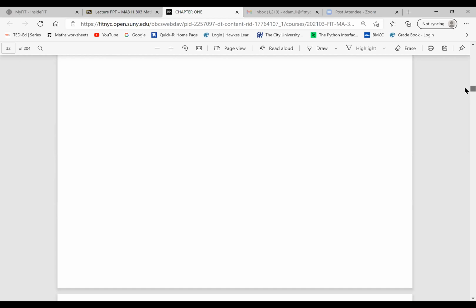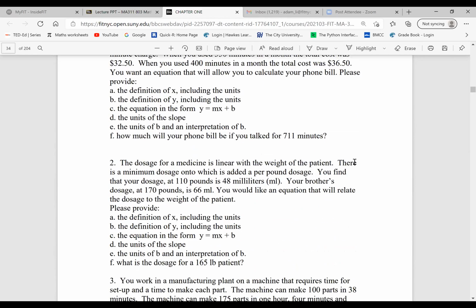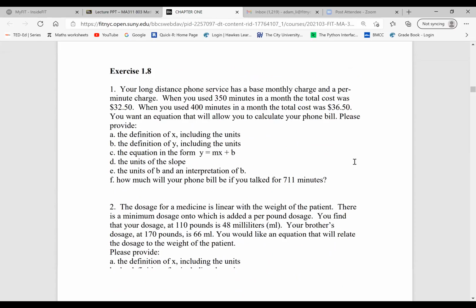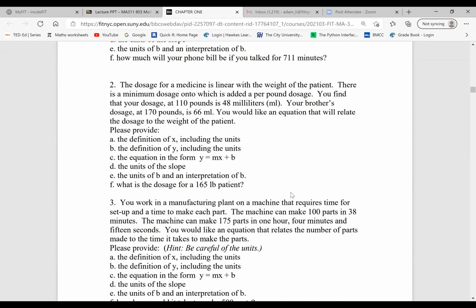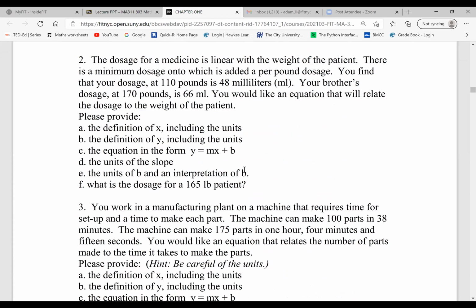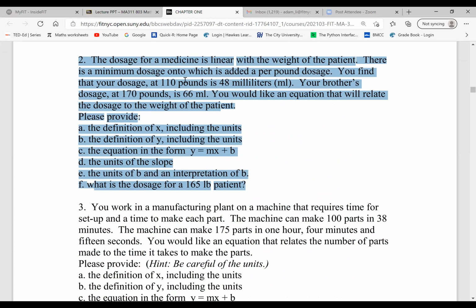Let's go back to the exercises in the back. Okay, so this question number 2. Let's look at question number 2. Okay, and I'm going to copy this and paste into the note. So it's a dosage of medicine, right? It's linear with the weight of the patient.